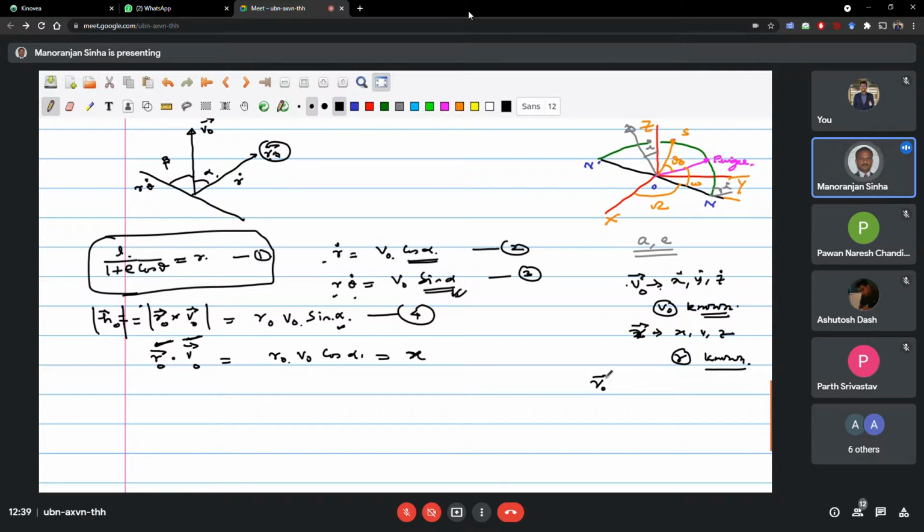We know, R0 we can write as x0 I cap plus y0 J cap plus z0 K cap, and R0 dot we can write as x0 dot I cap plus y0 dot J cap plus z0 dot K cap.